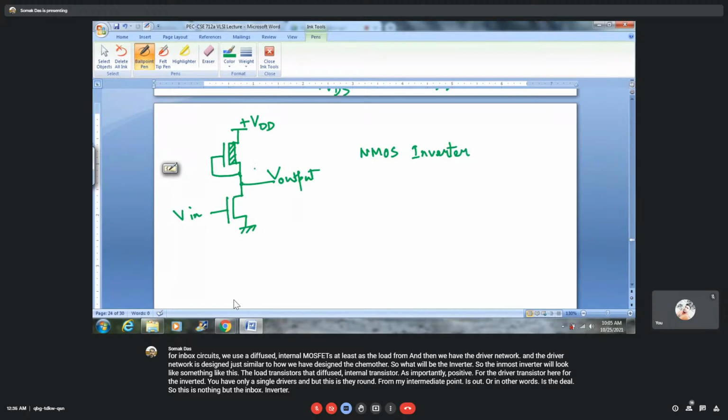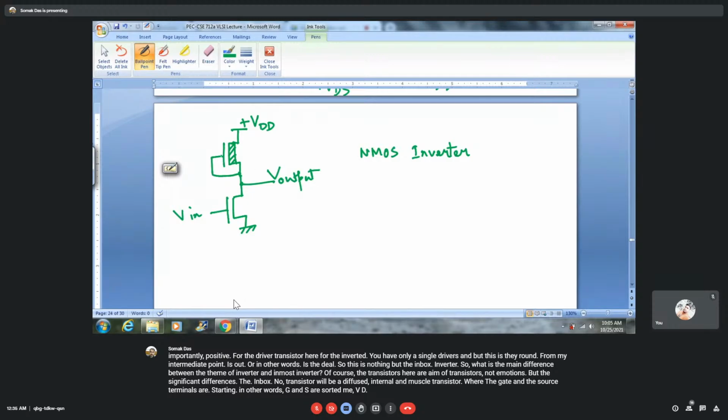So what is the main difference between the PMOS inverter and the NMOS inverter? Of course, the transistors here are NMOS transistors, not PMOS transistors. But the significant difference is that the NMOS load transistor will be a diffused N-channel load transistor where the gate and the source terminals are shorted. In other words, G and S shorted means VGS is 0.